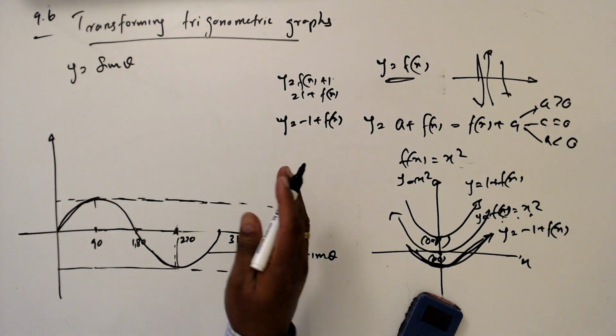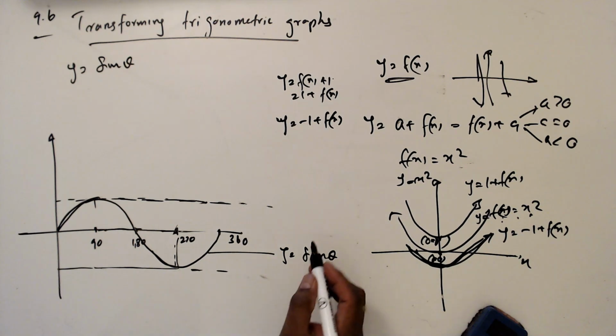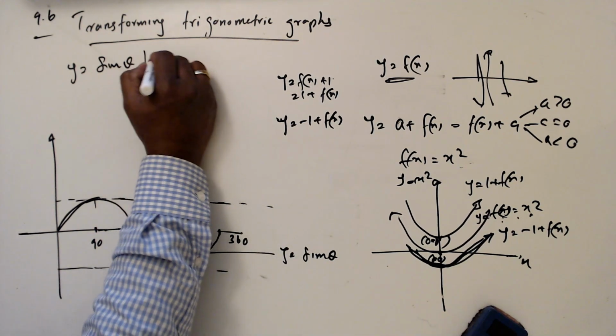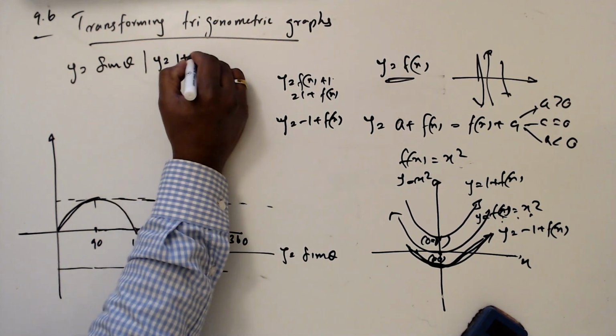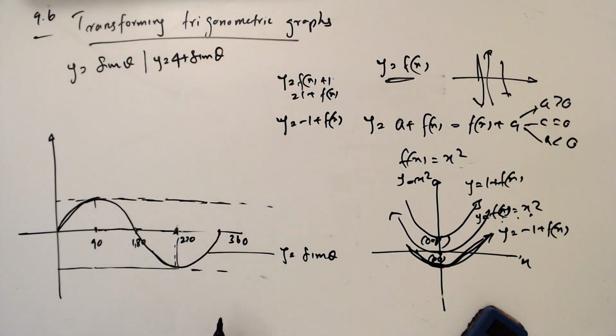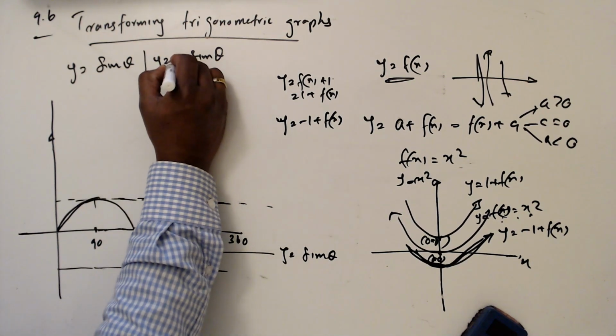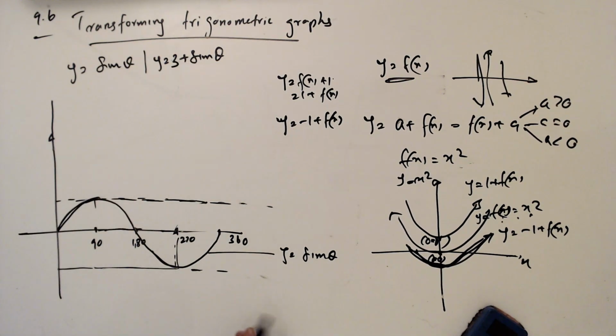Now it's going to be a vertical transformation. How do you draw y equal 4 plus sine theta? I'll make it 3 because it's difficult to draw it here.